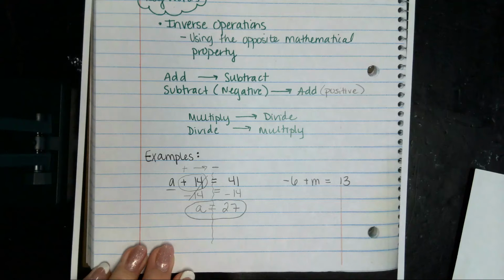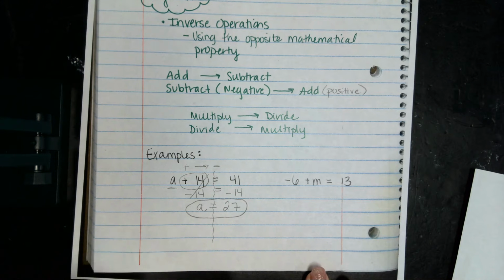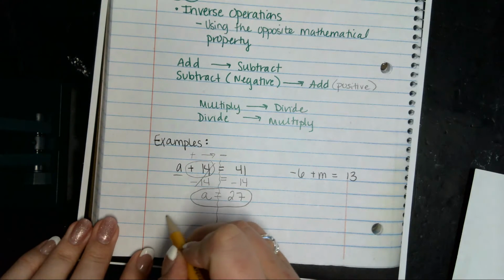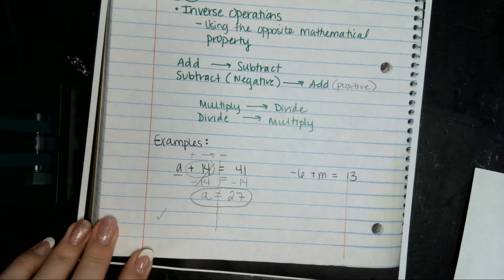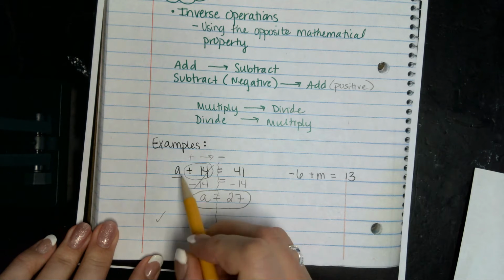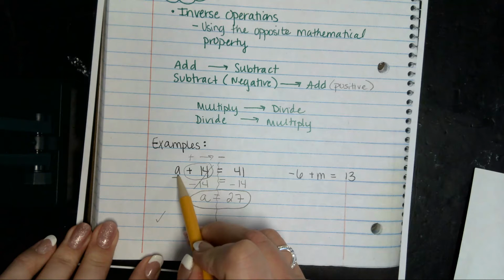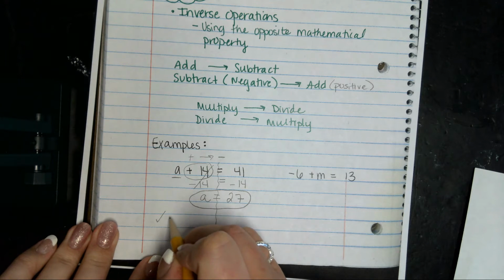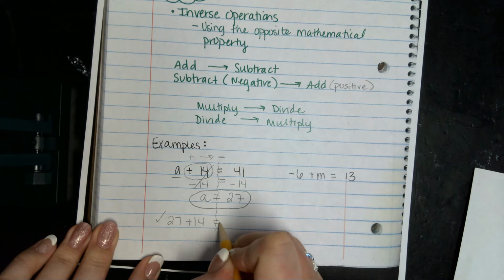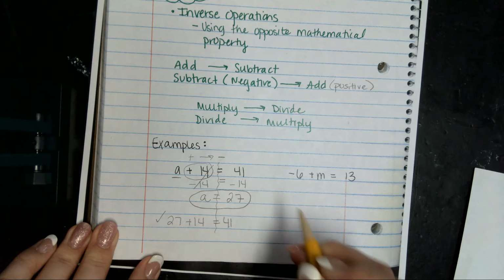Now, one thing we are going to want to do is double check our answer. So I'm going to put a little check mark right down here, and I'm going to plug my 27 in for the letter a. So now instead of a plus 14, I'm going to have 27 plus 14, and I want that to equal 41.